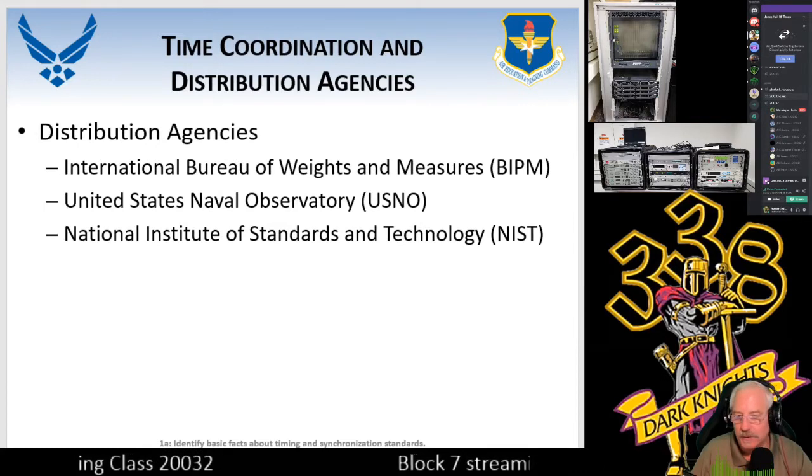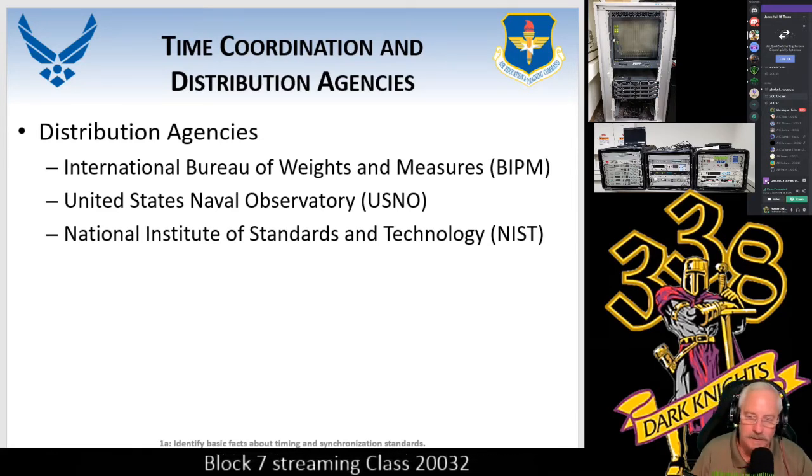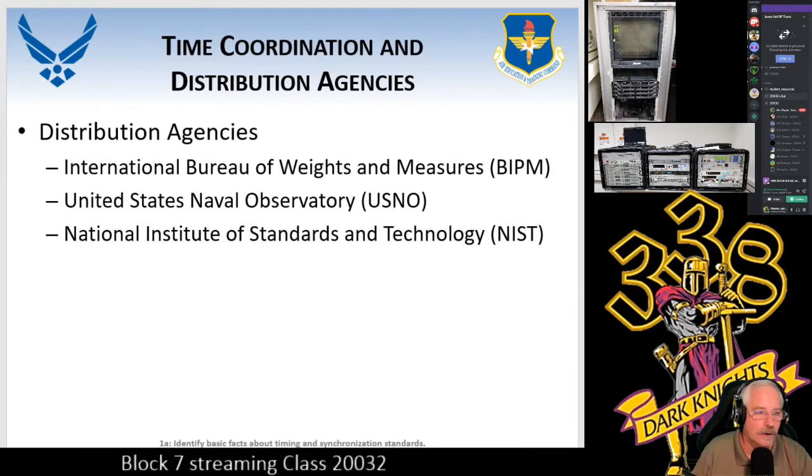We have the distribution agencies which distribute this accurate time. The main agency is BIPM. And you'll go, well, International Bureau of Weights and Measurements does not equal the acronym BIPM. It does. It's more of the English version than it is the French version. We also have the DoD version, which is USNO, and then we have the civilian version, which is NIST.